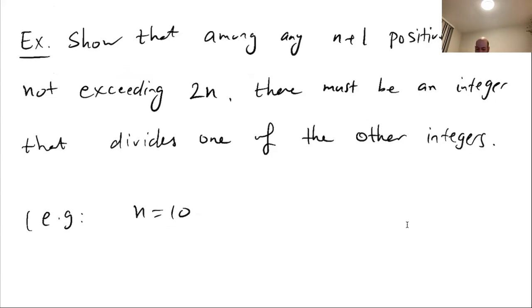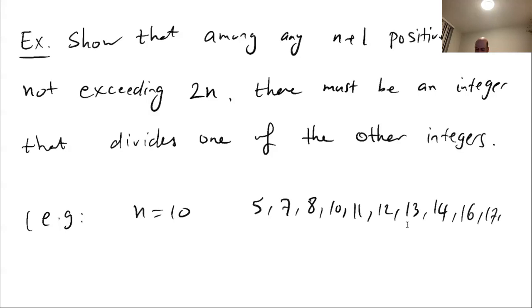For example, consider 11 integers, say 5, 7, 8, 10, 11, 12, 13, 14, and let's say 3, 6, 9, 16, 17, 18.